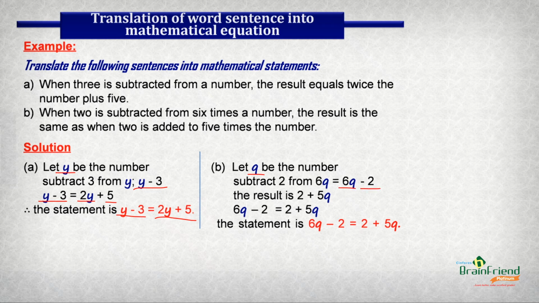Then, the statement went ahead to say that the result we would have is the same as when 2 is added to 5 times the number. 2 added to 5 times the number is written as 2 plus 5q. Now, we have it that 6q minus 2 is equal to 2 plus 5q. So, this statement expresses the story we have in our question.